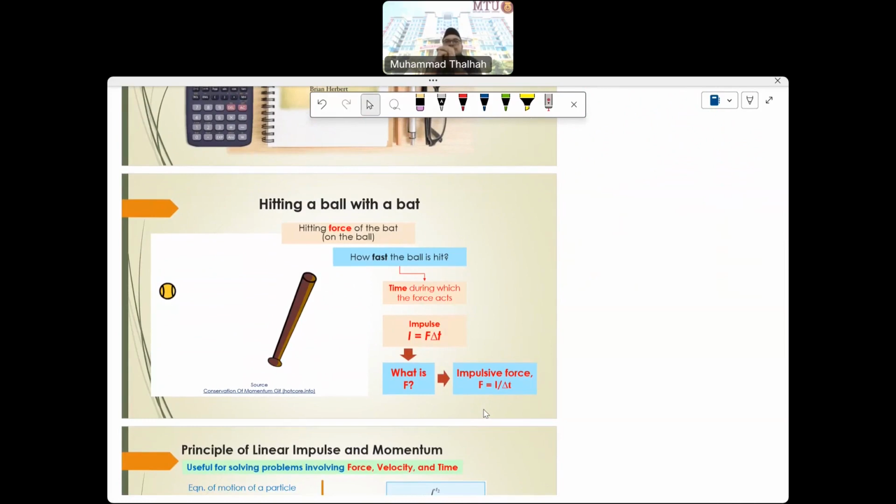The faster you can produce the impact on the ball, the farther away the ball can go, right? So impulse is about driving a large force at small time. So why is this important?